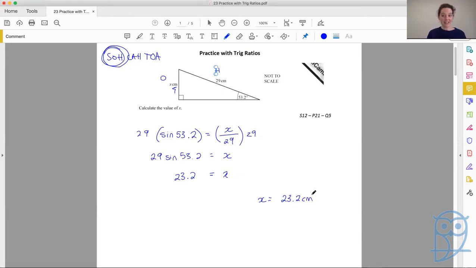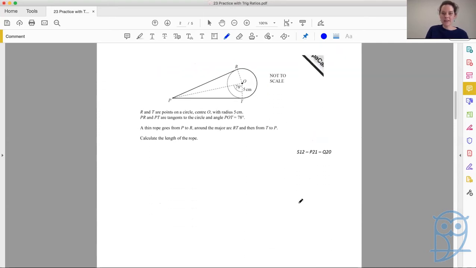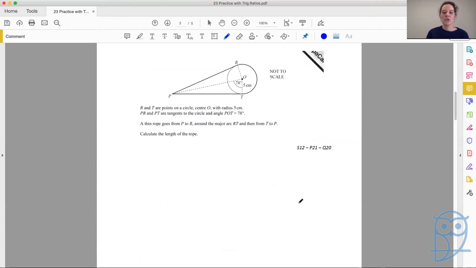So we do get these nice, straightforward and simple questions, but we also get some more applied ones, a little bit more fun. Like this one. So R and T are points on a circle, center O, radius 5 centimeters. PR and PT are tangents to the circle, and POT is 78.